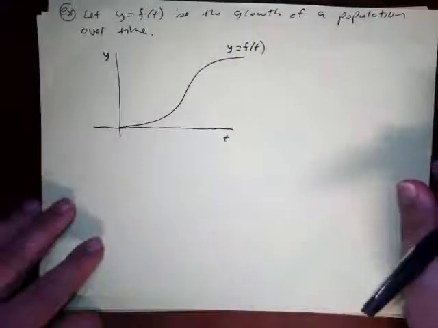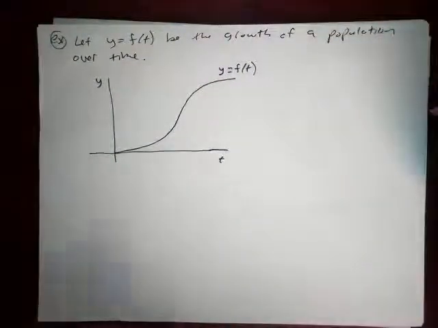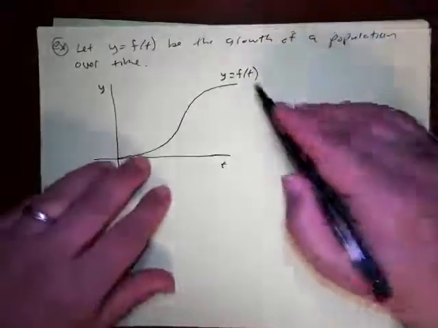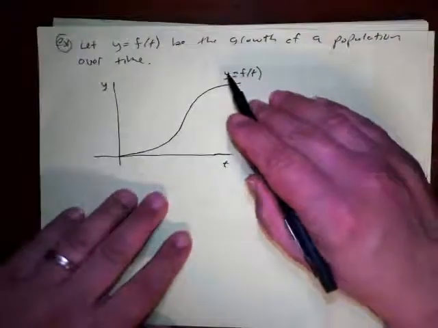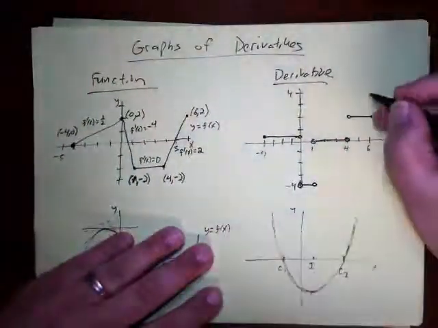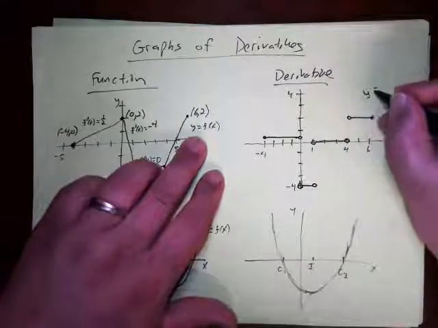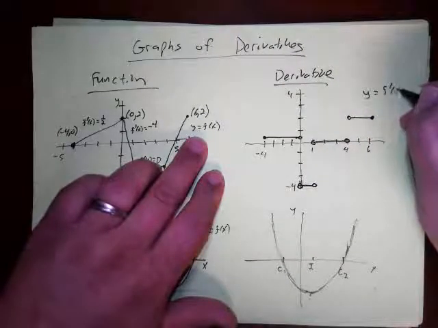Okay, so now let's try another one. I got a couple more examples here. So this says let f of t, so we got this function f of t, let it be the growth of a population. Oh, by the way, I wanted to label these before we get to that. So if this one is y equals f of x, this is y equals f prime of x, right?